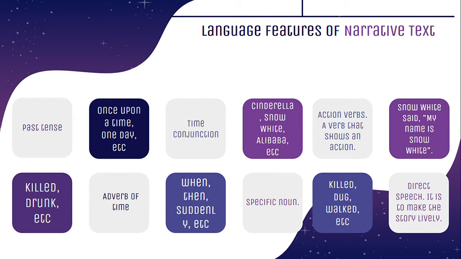Narrative text uses time conjunctions too. For example, when, then, suddenly, before, after, soon, etc. Then, narrative text uses specific nouns as pronouns of person, such as Cinderella, Snow White, Alibaba.